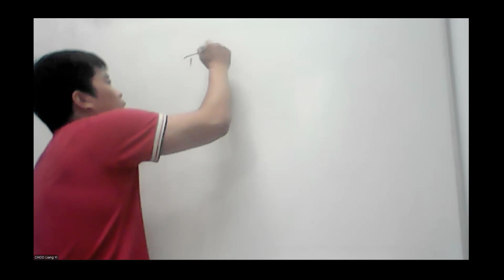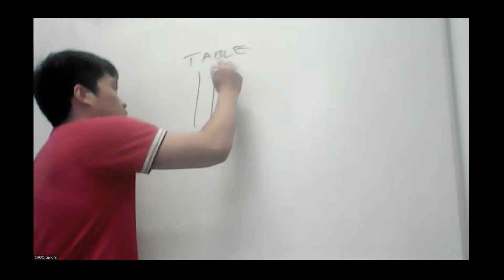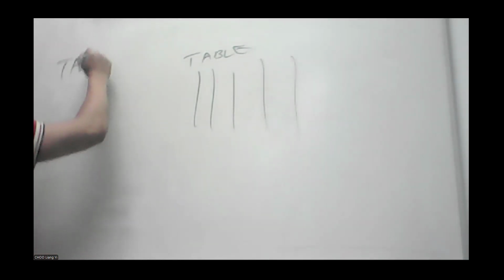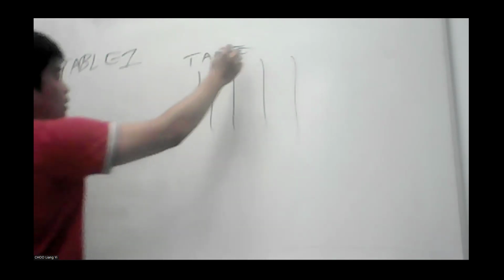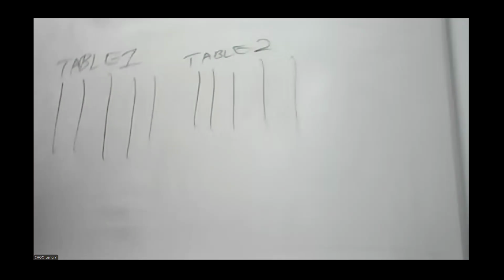Then after that, maybe a quick recap of what the primary and foreign key are. Within a table, like I said, there are multiple columns. A table can be connected to another table. So table 1, table 2, column.